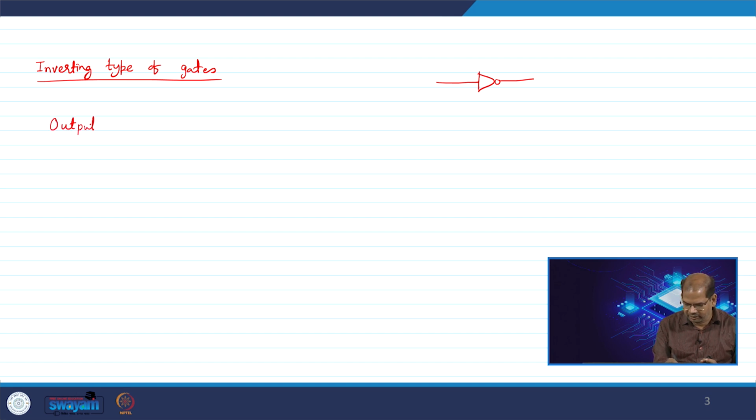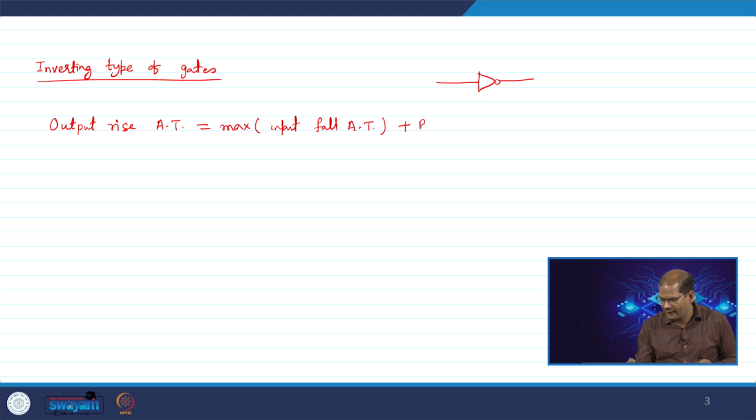The output rise arrival time is basically the max of input fall arrival time plus rise delay.